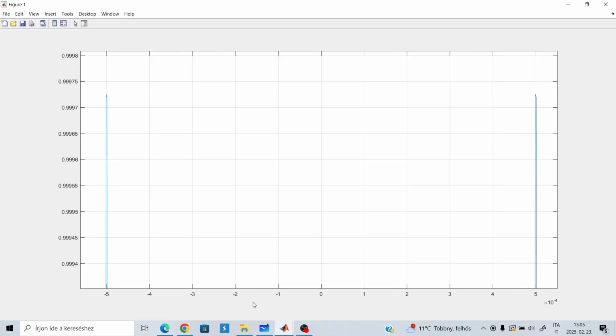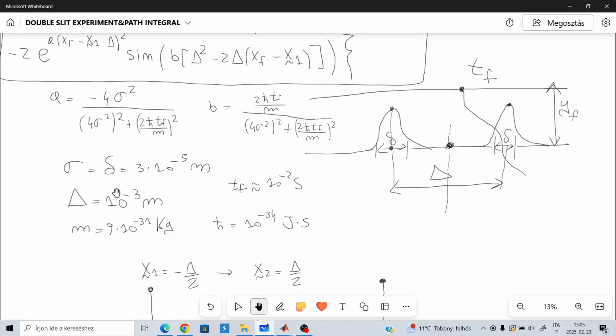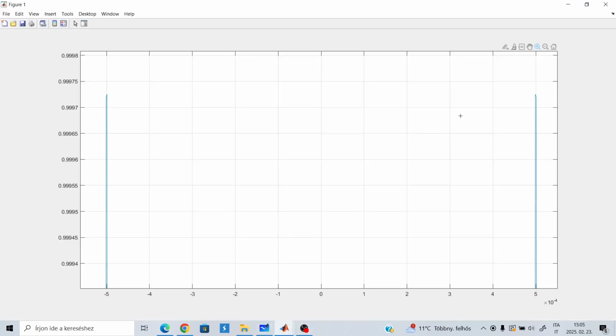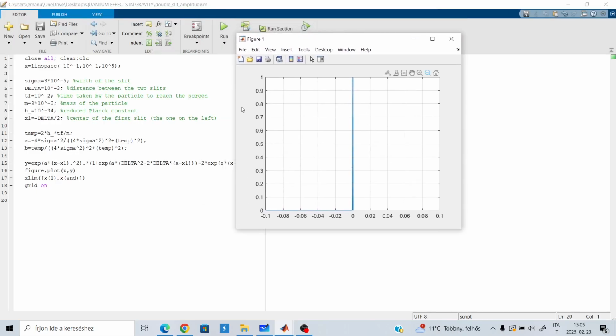And minus delta over 2 in this case is something like minus 5 times 10 to the minus 4, because remember that delta is 10 to the minus 3, if I remember correctly. Yes. And of course, the other maximum is symmetrical, but in the positive orientation of the x-axis. So you can see that we don't have any interference, and this is a very classical behavior.